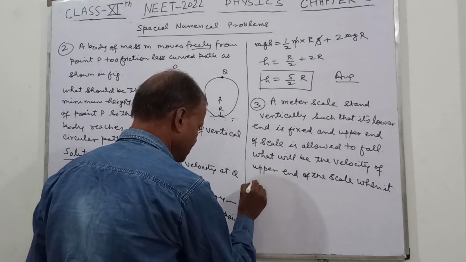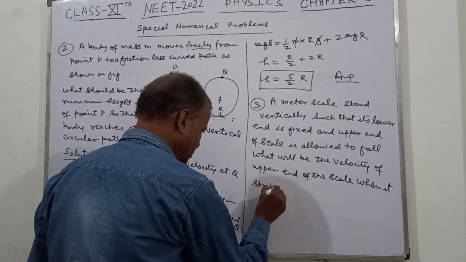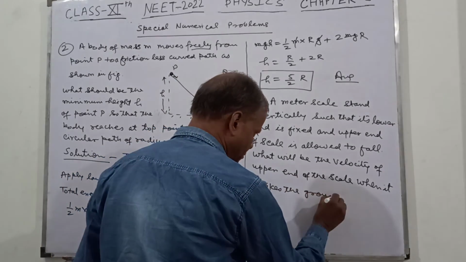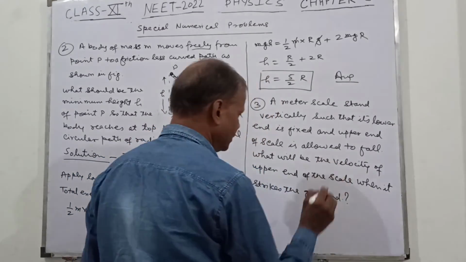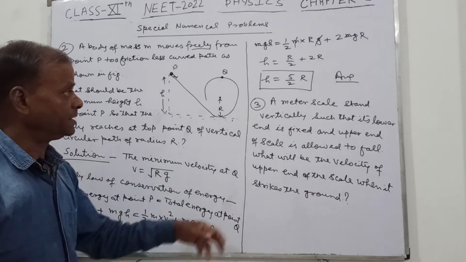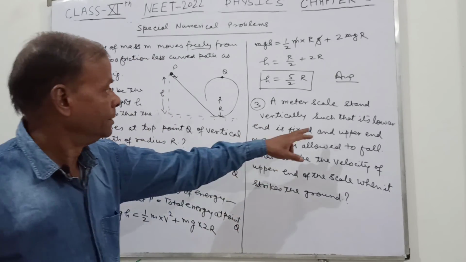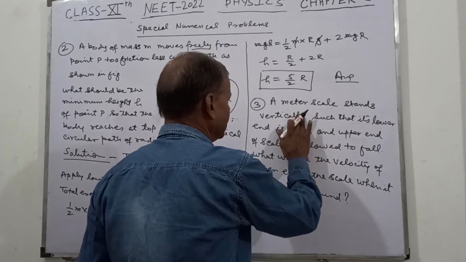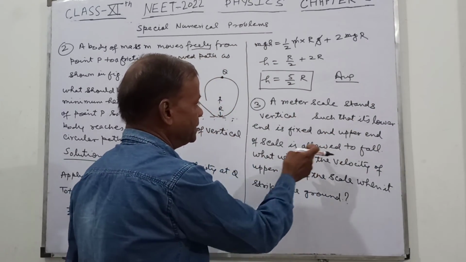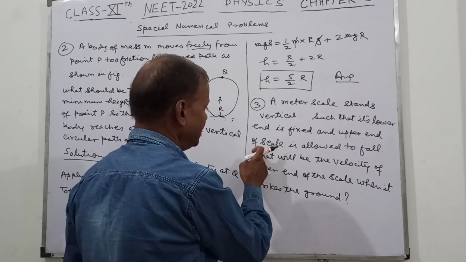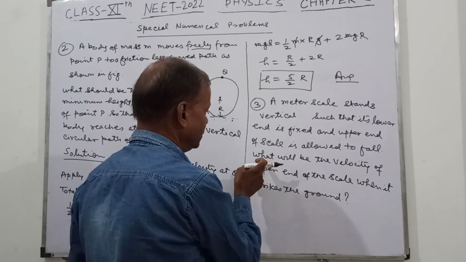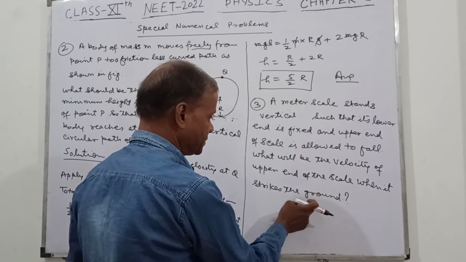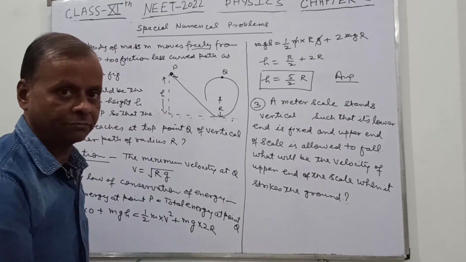This is the question. A meter scale stands vertical, such that its lower end is fixed and the upper end is allowed to fall. What will be the velocity of the upper end of the scale when it strikes the ground? This is the question.